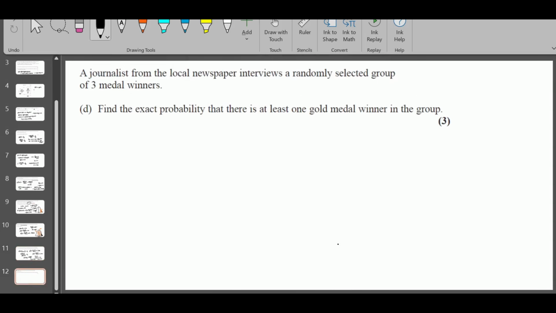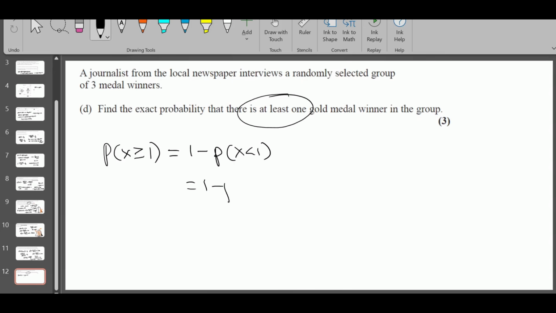A journalist from the local newspaper interviews a randomly selected group of 3 medal winners. Find the exact probability there is at least one gold medal winner in the group. At least one is basically X is greater than or equal to 1. It can be 1 or 2 or 3. When you rewrite it, it's 1 minus P of X is less than 1, or X is 0.